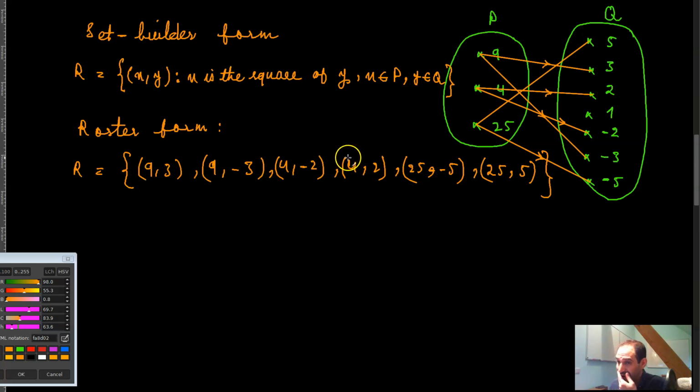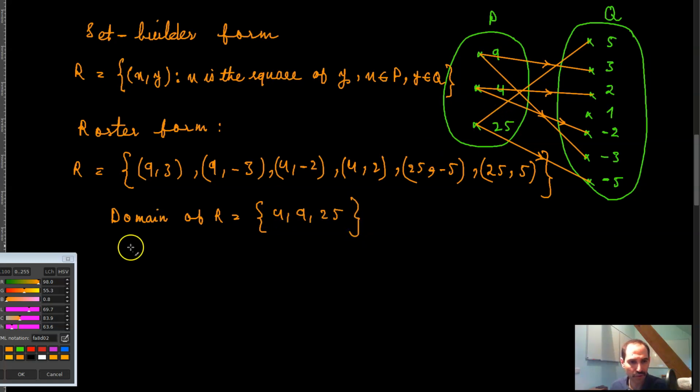And the domain of this relation R is the set that contains all of the elements that have been mapped to elements in the codomain or range, meaning you have 4, 9, and 25, all of the elements here. This is your domain.